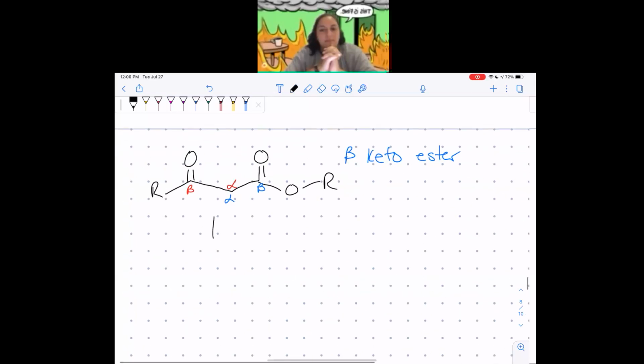A specific beta keto ester that we're going to use often in this class is the acetoacetic ester.